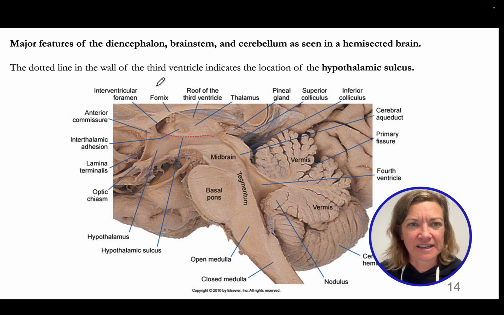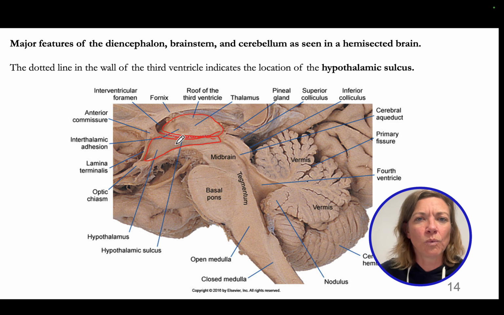A couple of little things. This is a mid-sagittal section of the right side of the brain, and there is a little sulcus in the middle of the diencephalon. It's called the hypothalamic sulcus, and it splits the thalamus above from the hypothalamus below. So if you're ever wondering where the division between those two is, there is a little tiny sulcus there in the wall of the third ventricle.